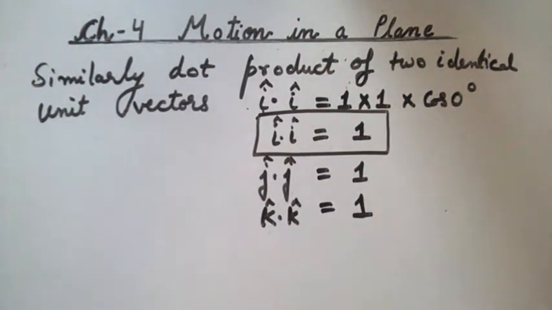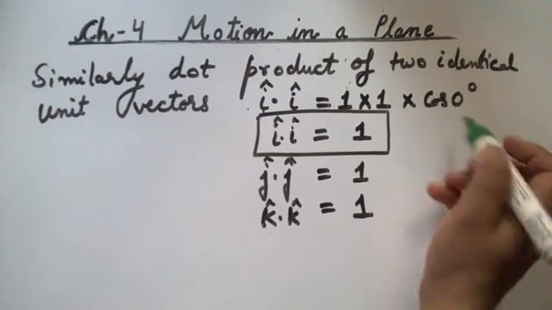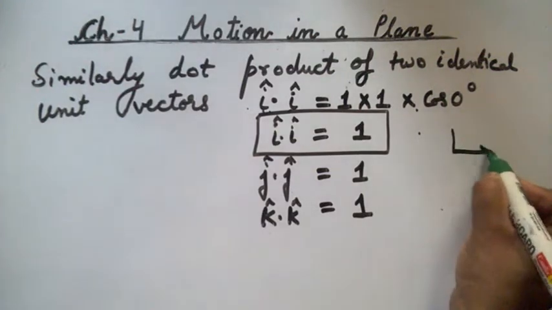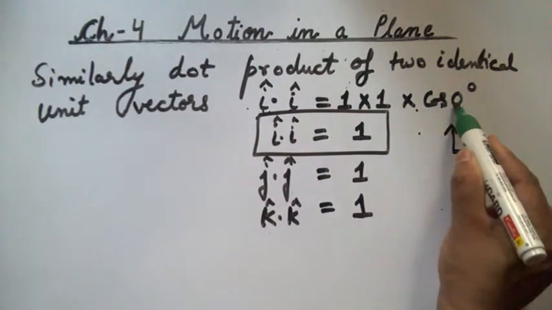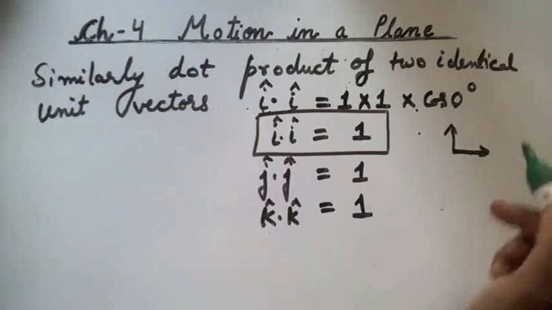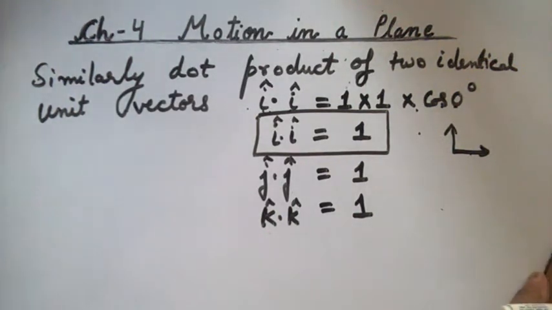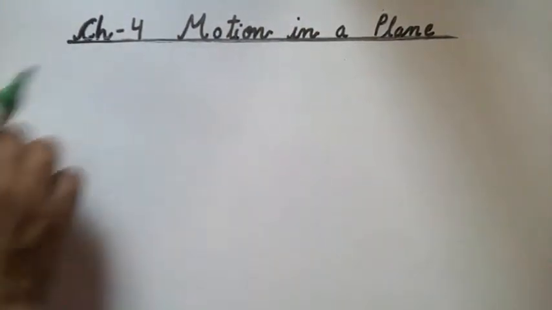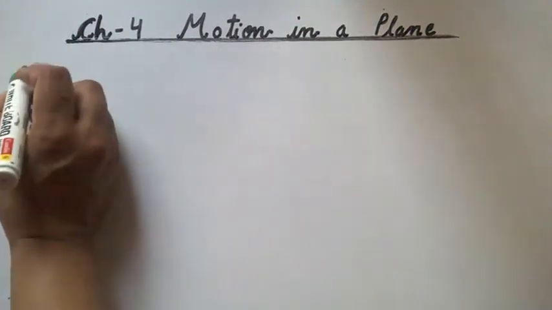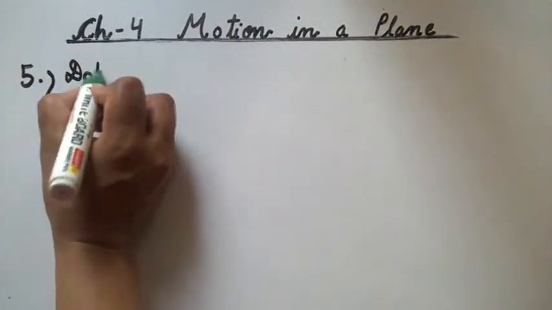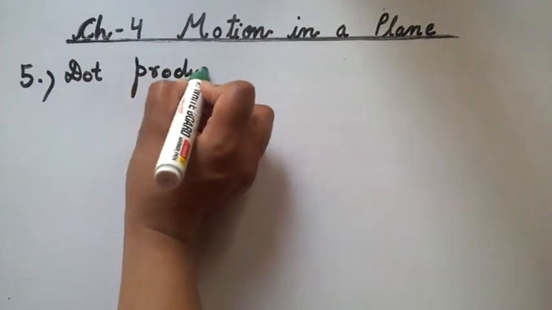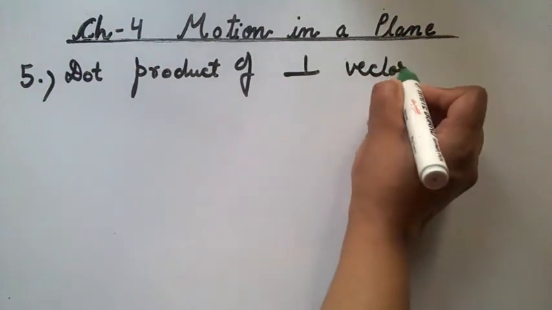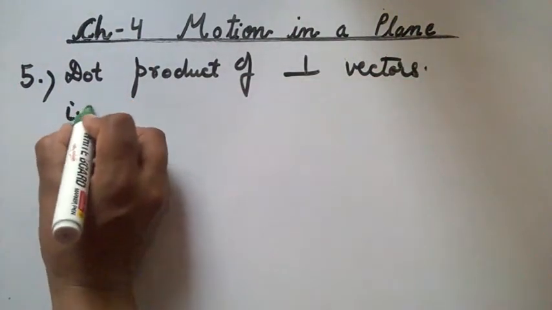By this we can find that if the unit vectors are perpendicular to each other, i and j, then the angle will be theta equal to 90 degree and cos 90 is 0. Therefore, i dot j equal to 0. Let's see it. Dot product of perpendicular vectors, that is theta equal to 90 degree.